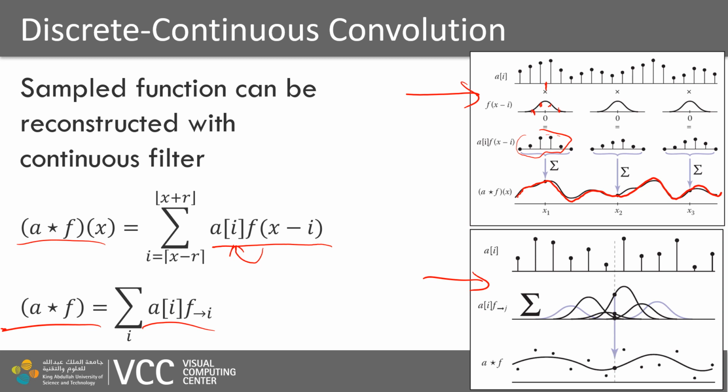Here we have another formulation where we are placing not just one filter kernel and weighting its neighborhood, but several shifted filter kernels, centered at the integer position of each contributing neighboring sample, and then we are summing up the values of these filter kernels together to calculate the reconstructed value.